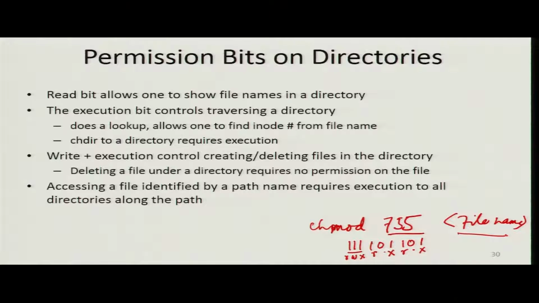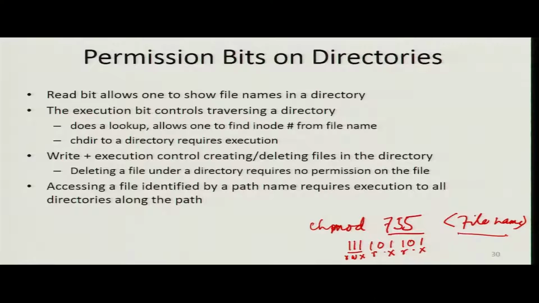If I am part of the group, then the execution bit for the group member should be set, and so on. And it allows one to find the inode number from the file name if the execution bit is set. And write plus execution controls creating and deleting files in the directory. So, if you do not have the write permission in the directory, you cannot delete or create new files.